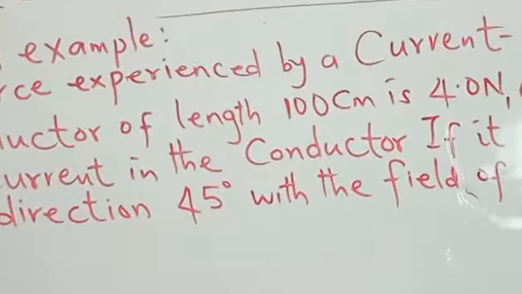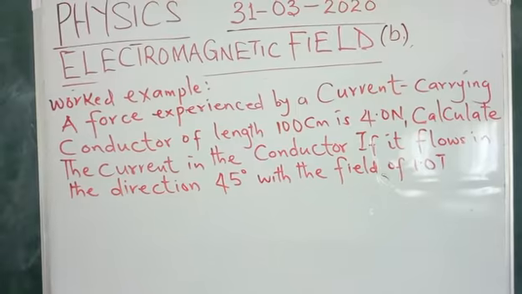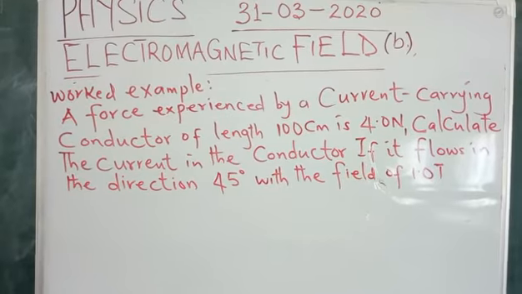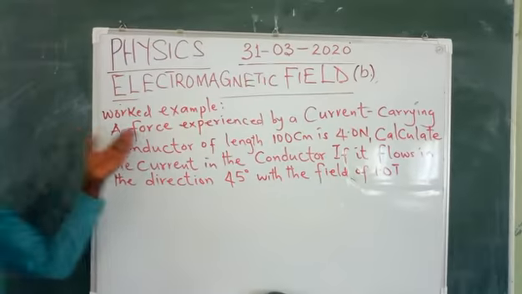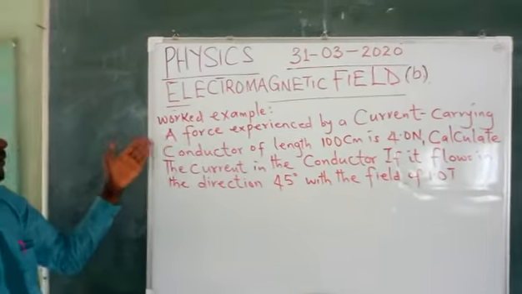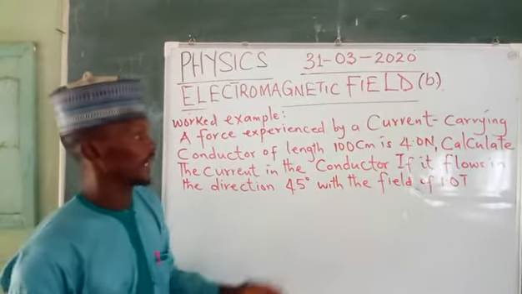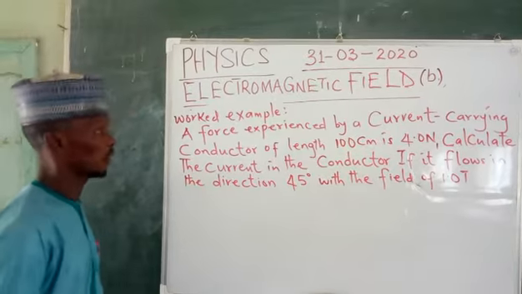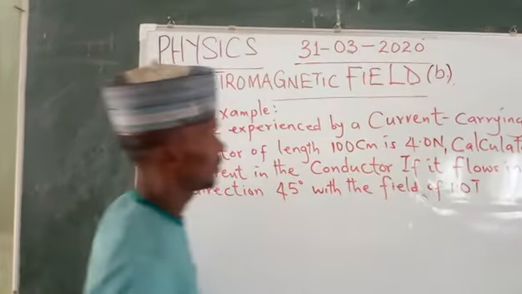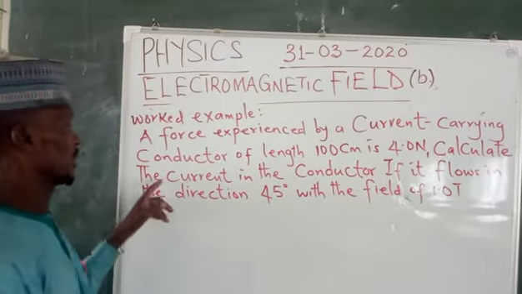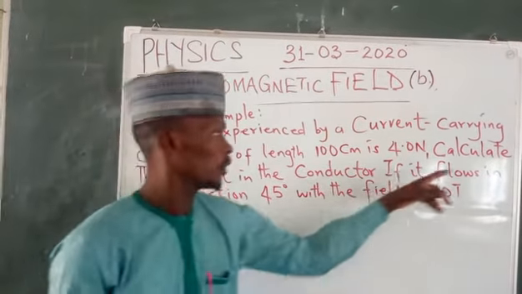In a nutshell, we have current, length, the angle, the flux density. The current that is made to pass in the conductor, the length of the conductor in the field, the angle between the conductor and the field, and then the flux density, which is the strength of the field. These are the factors upon which the force on the wire actually depends.